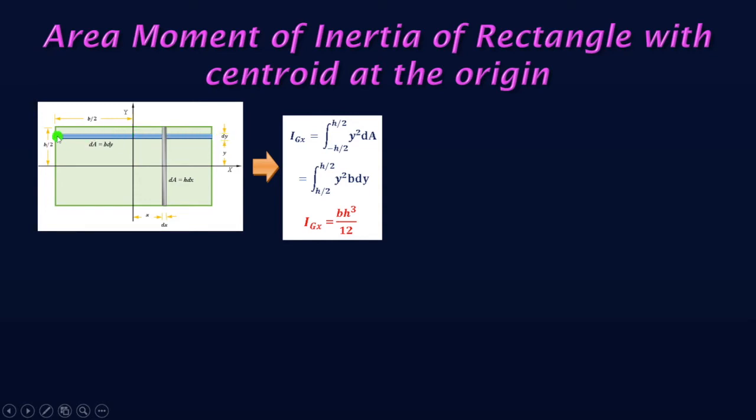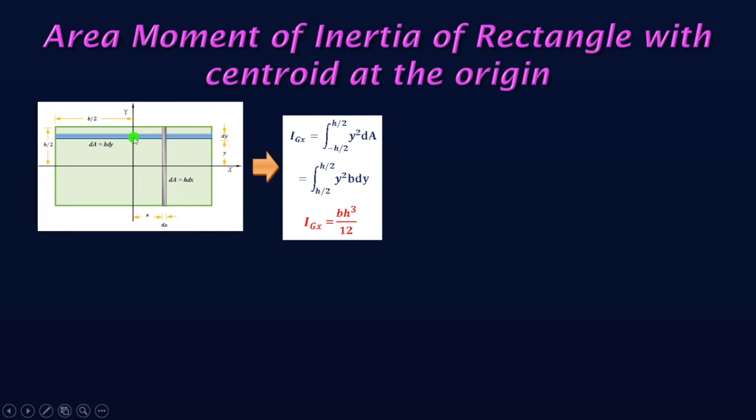So the area dA of this elementary section equals b, the total length, into dy, the height. So y square dA can be substituted as y square b dy, where b dy is the dA as given.